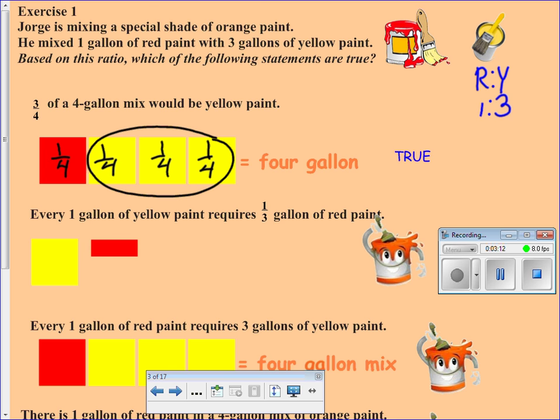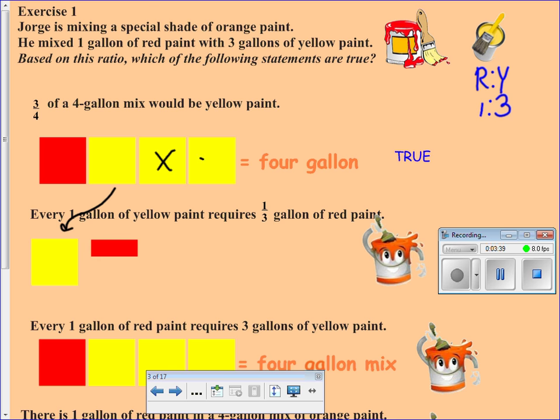Now the next one, let's talk about it a little bit. For every 1 gallon of yellow paint, it requires 1/3. Listen, I don't need 4 gallons of orange paint. That's a lot of orange paint. So instead of using 3 gallons of yellow, I'm only going to use 1 gallon of yellow. So I took this and I put it here.